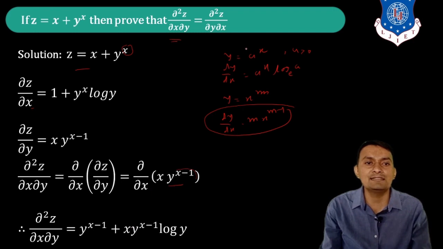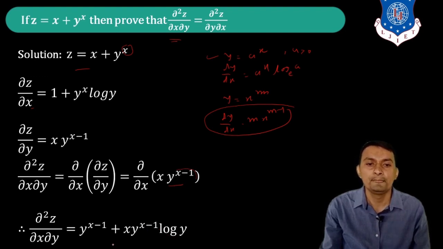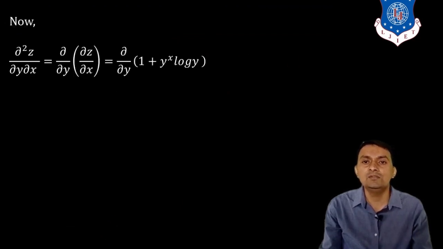I have to apply the same rule, so I get y raised to x minus 1 into log y, because here y is the constant quantity. Now we want to determine del square z divided by del y del x.